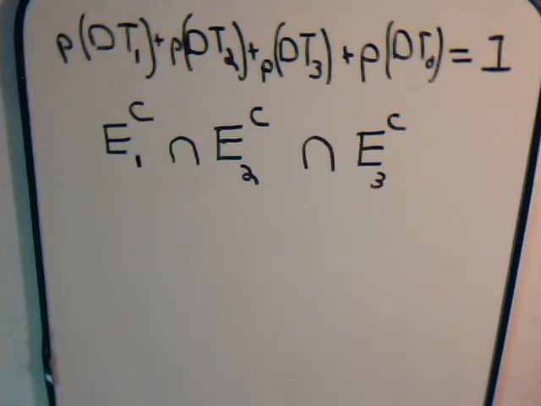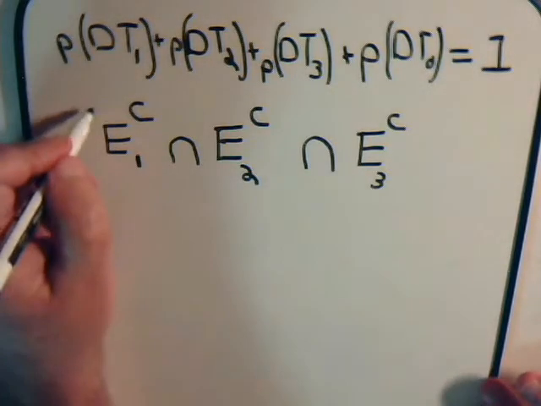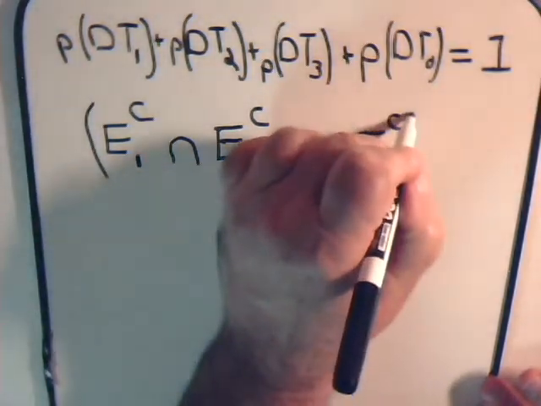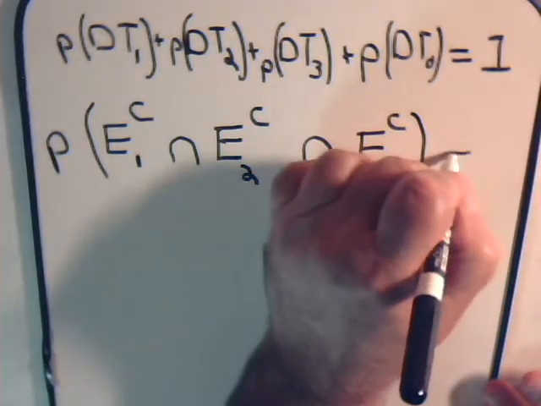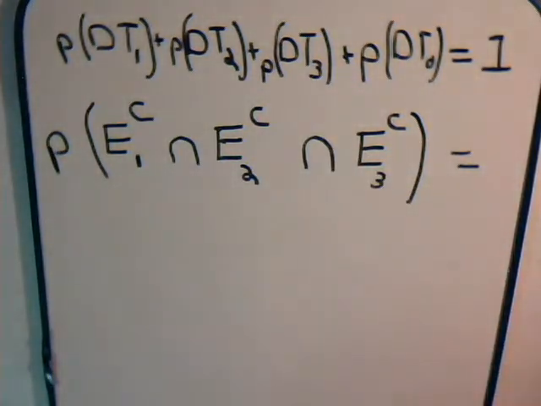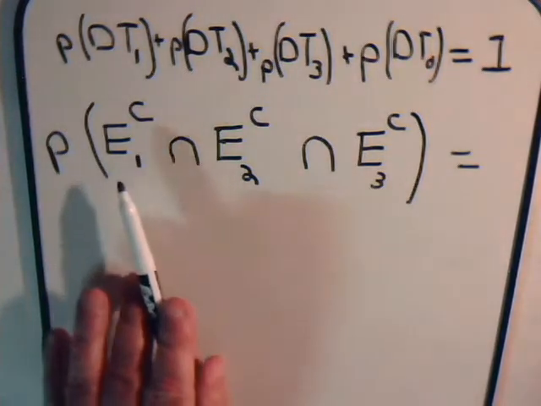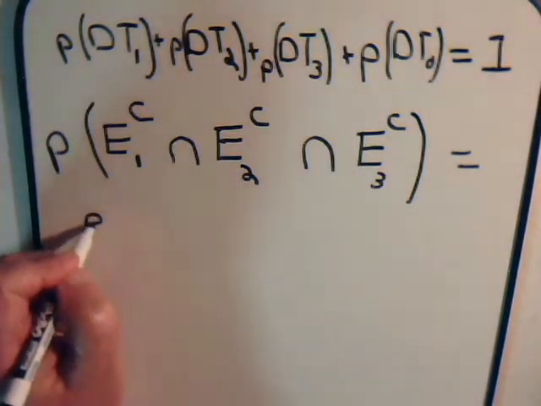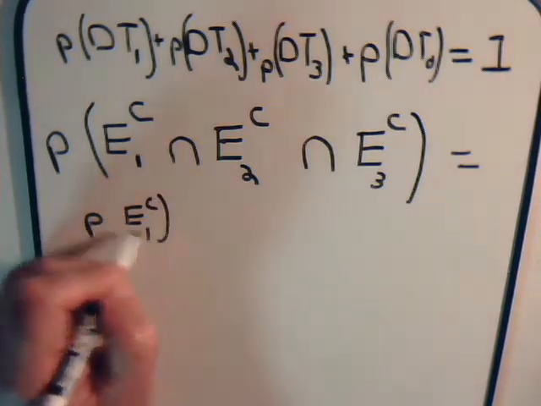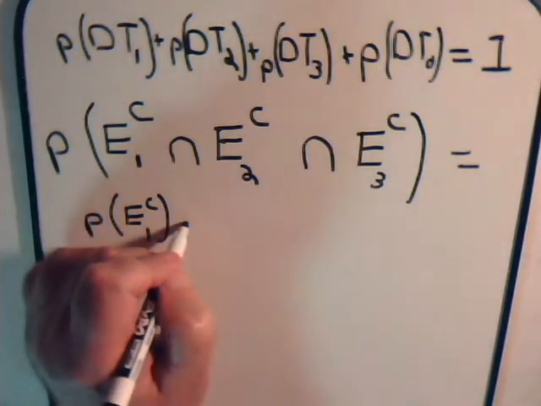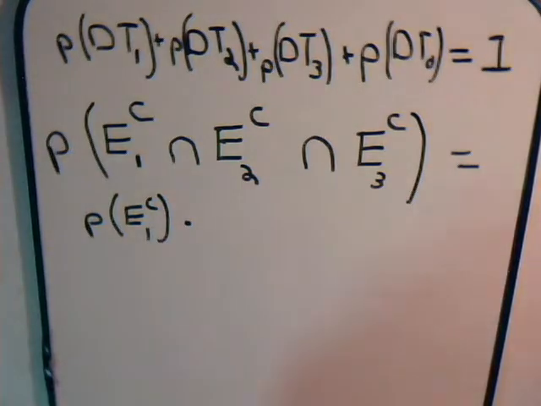These are all independent events, so the probability of this happening is equal to the probability of the event E1C, times, like we did in the previous videos when we have independent events, the probability of the second event, times the probability of the third event.